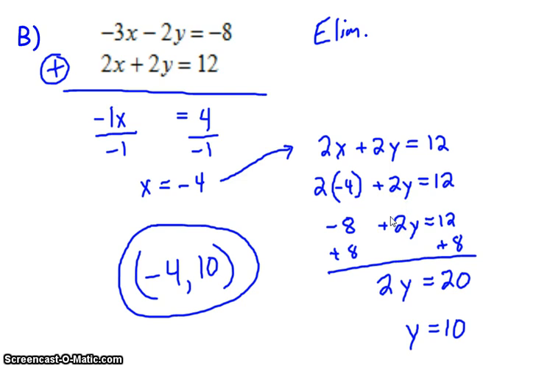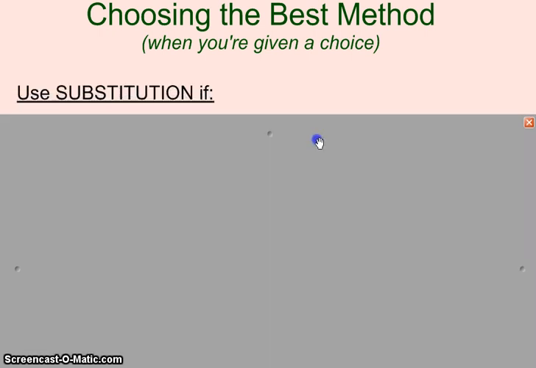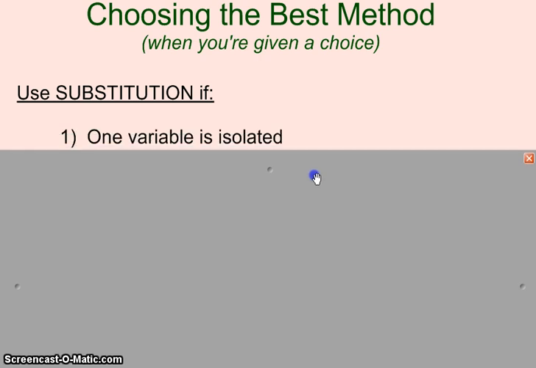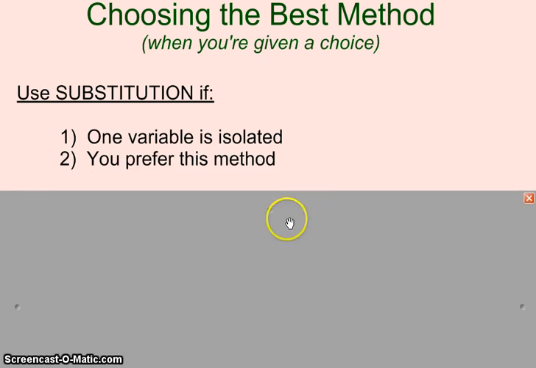Alright, so let's sum up what we've learned here. So in choosing the best method when you're given a choice, you'd want to use substitution if either one of the variables is isolated, that makes it easy to use substitution, or if you just prefer this method, if you're really good at substitution, then do substitution. As long as you're getting the right answers, I don't really care if you're given the choice.